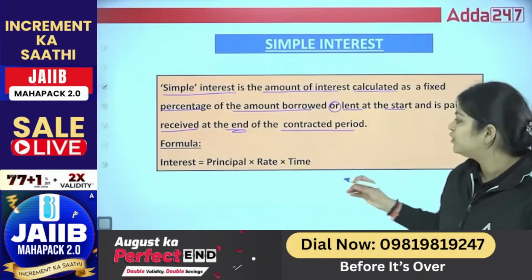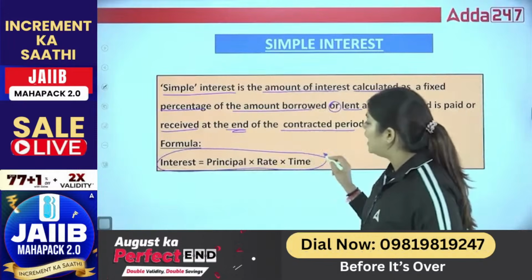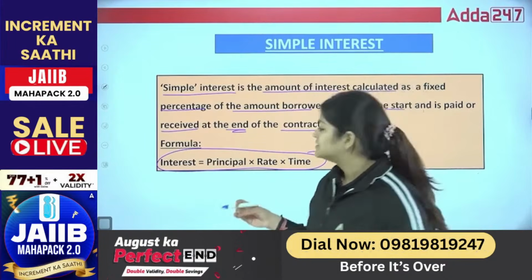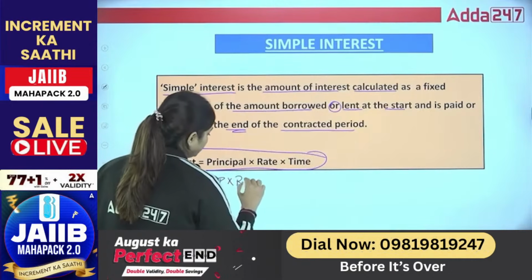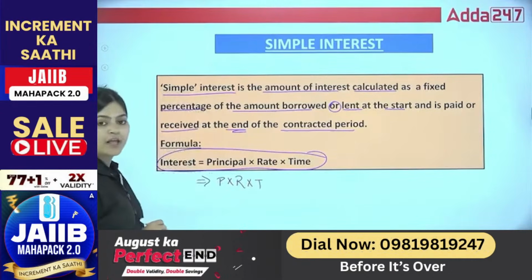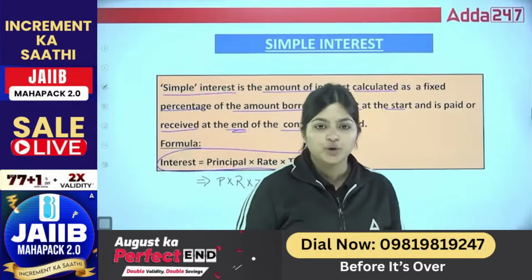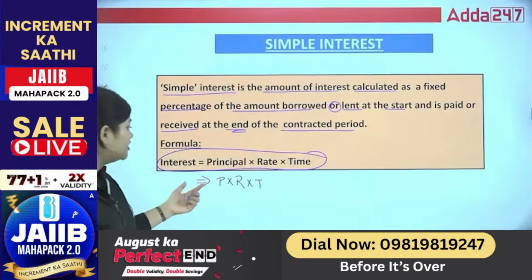So what formula am I going to use here? Interest equals principal into R into T. PRT. Interest equals P into R into T. Principal amount is our base amount, what we are borrowing as a loan or depositing.